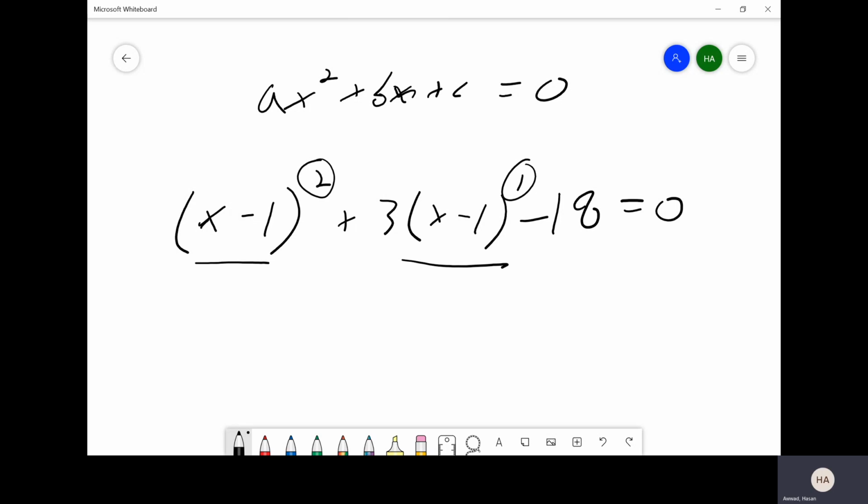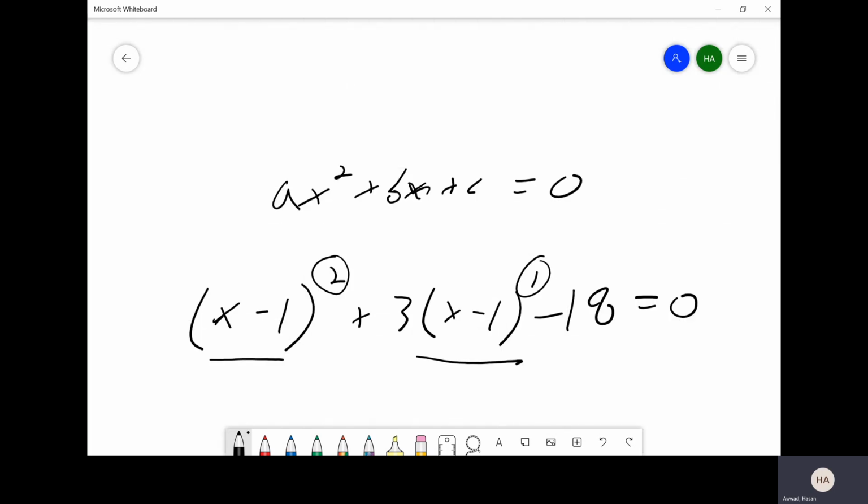Well, let's reflect back on our quadratic in standard form. We have some piece being squared, followed by the same piece to the first power, and then some constant, and now it's in standard form.